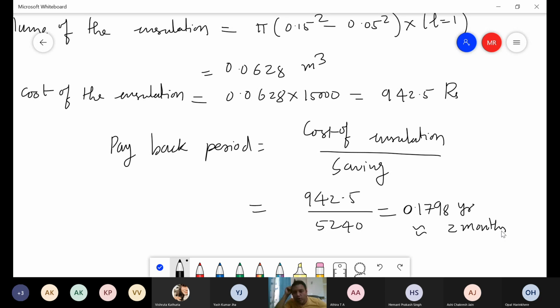Again, one more point to note down here is, for finding out the payback period, we have directly taken the ratio of cost of insulation by saving. We have not incorporated the interest rate, because the saving is much higher compared to the cost of insulation. Even if we don't include the interest rate, it doesn't matter. But otherwise the correct expression is what?